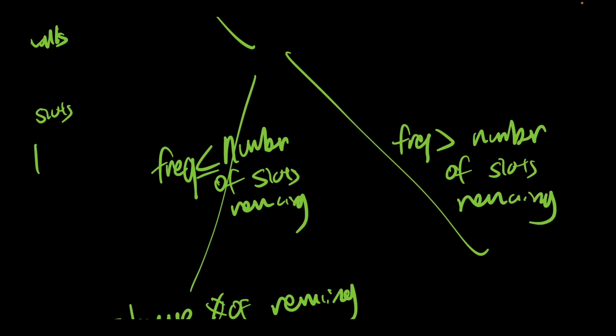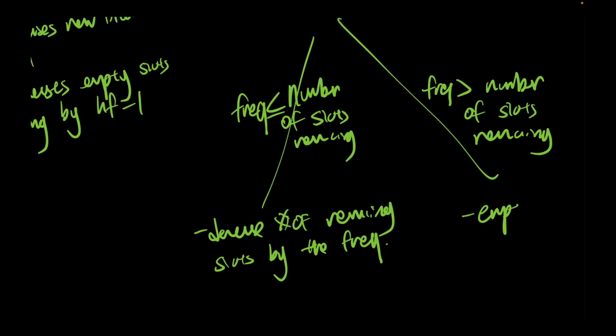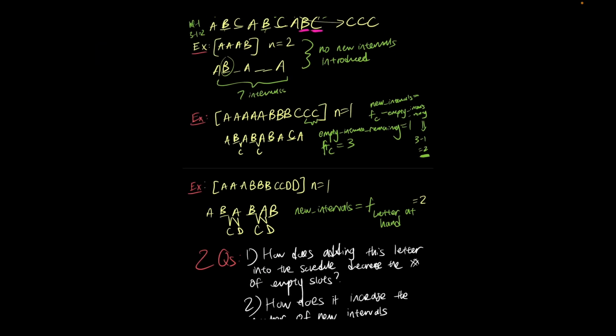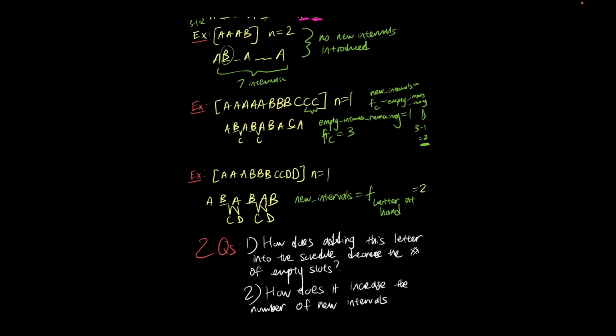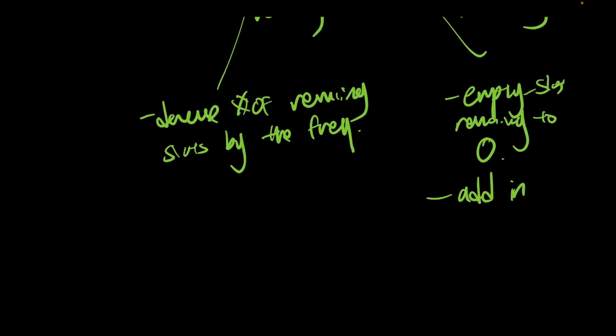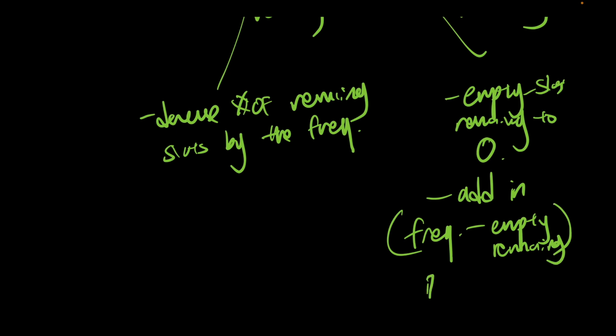And in that case, we set empty slots remaining to 0, and we add in, what was that formula we had before? You would have to add in frequency minus ... minus ... new intervals. Okay.